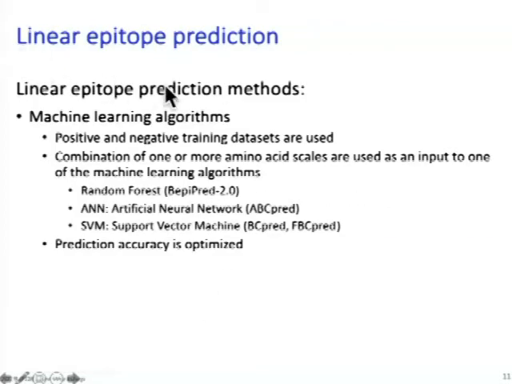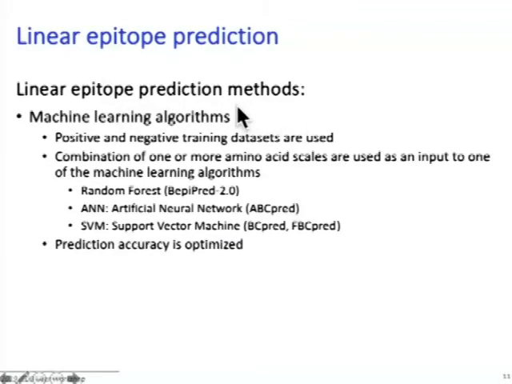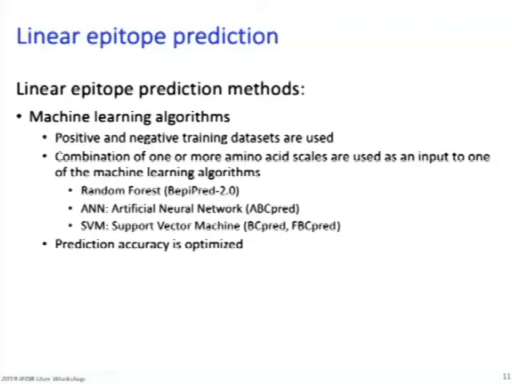The other set of linear epitope prediction tools are based on machine learning, rather than having a preset property of amino acids that you're correlating with epitopiness. A number of machine learning algorithms have been developed to learn, based on the sequences that we have identified to be epitopes, the underlying motifs in there.